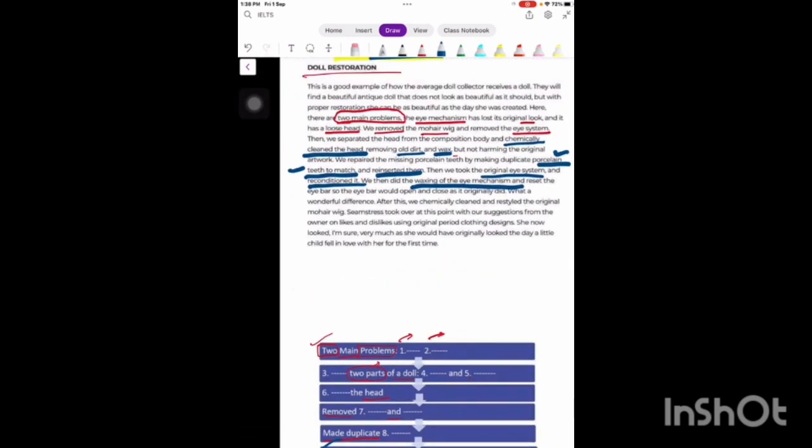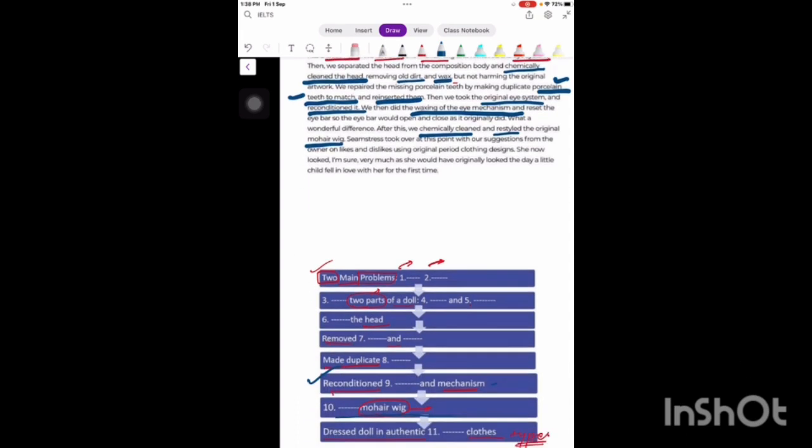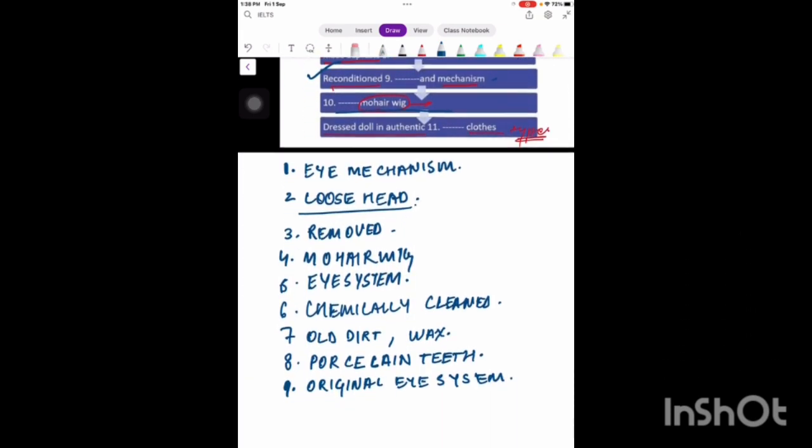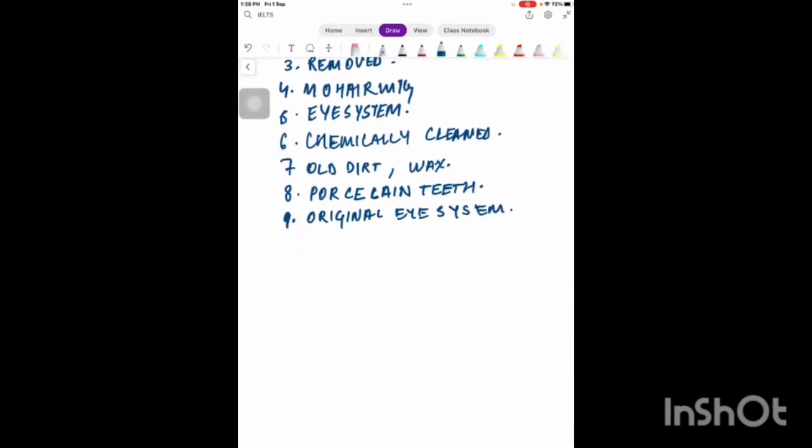Then dash the mohair wig. Where is the word mohair wig written? After this, chemically cleaned and restyled the original mohair wig. Chemically cleaned and restyled. Because I can use only three words, so cleaned and restyled the mohair wig.